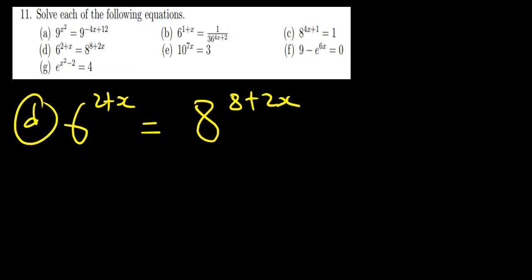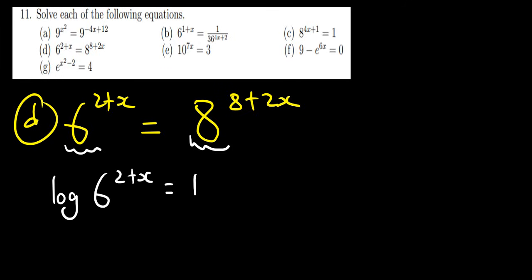So now here we notice that the base 6 is not equal to the base 8 there. Okay, so we can't do the trick that we've been doing from A to C. So here we have to introduce a log. Okay, so I'm just going to say log of 6 to the power 2 plus x equals log of 8 to the power 8 plus 2x.